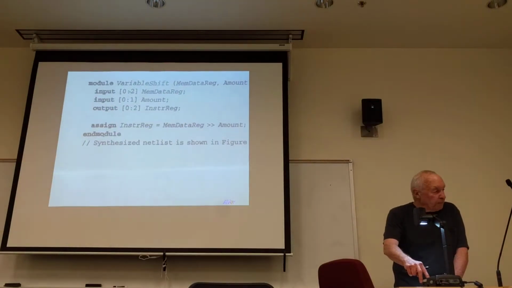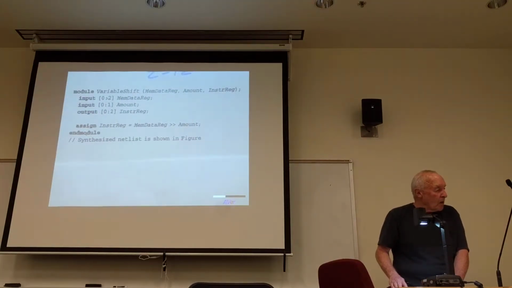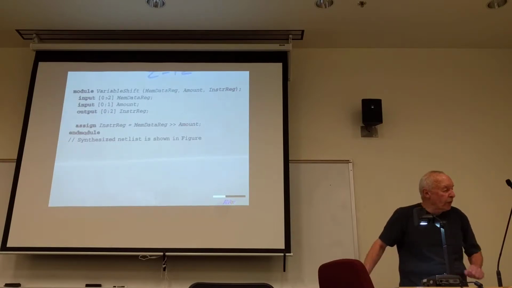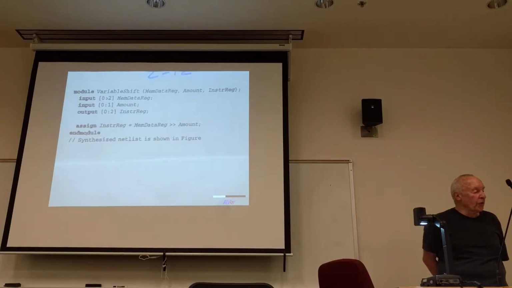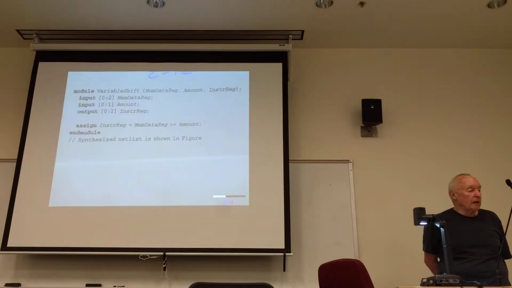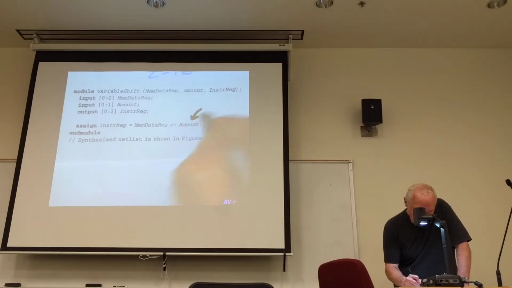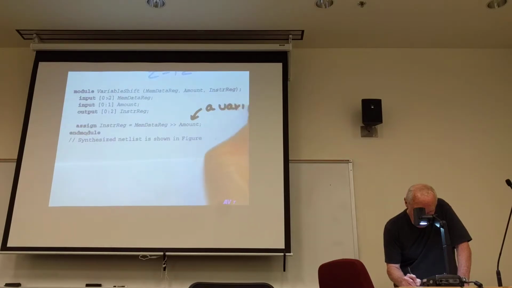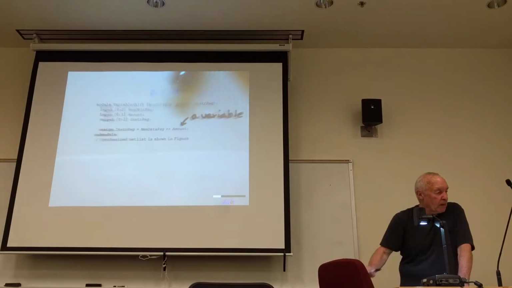Now here's an example where I've got two inputs, memory data reg, which is 3 bits, amount is the amount I want to do the shift, and then instruction reg is the output. Now you'll notice here the shift amount is a variable.